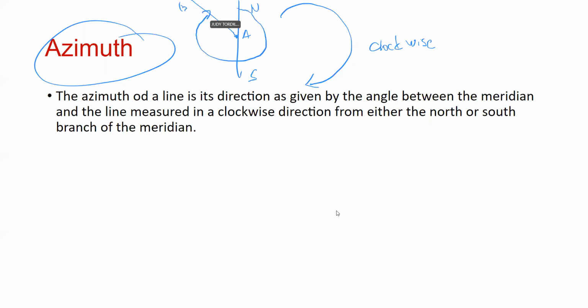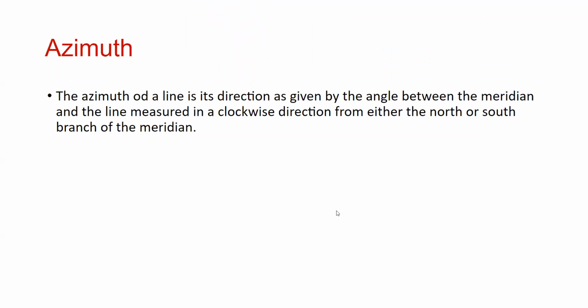So kung papunta naman sa south, pag ganito, ito yung azimuth natin from the south. Okay? So ibig sabihin, the angle of the azimuth could be greater than 90 degree. Okay? So that's your azimuth.